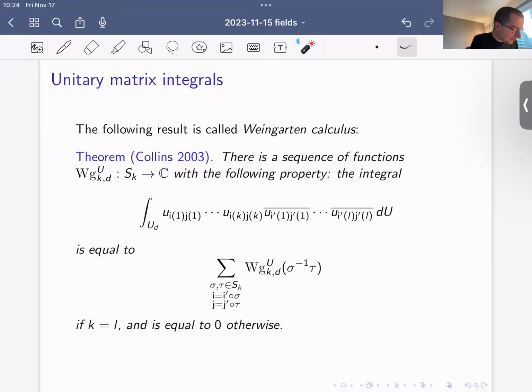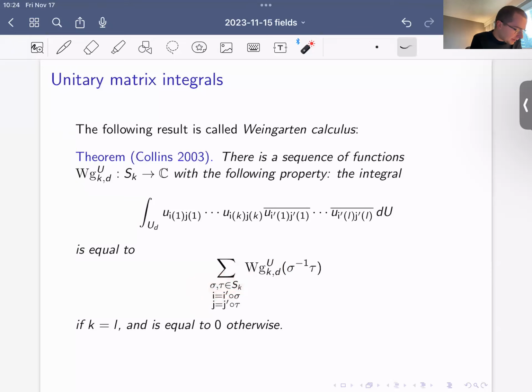Basically the first part is that there's this sequence of special functions called WG, which are defined on the symmetric group, on SK, that have this property where the integral over UD of this kind of product of matrix entries is equal to the sum of the values of WG. And the sum here is over pairs of permutations.